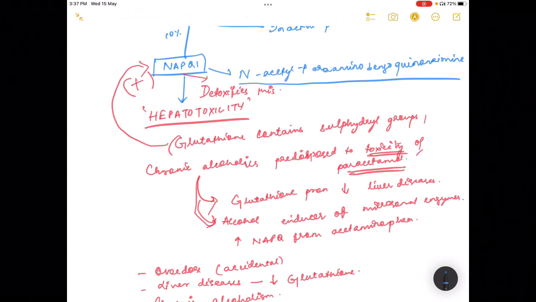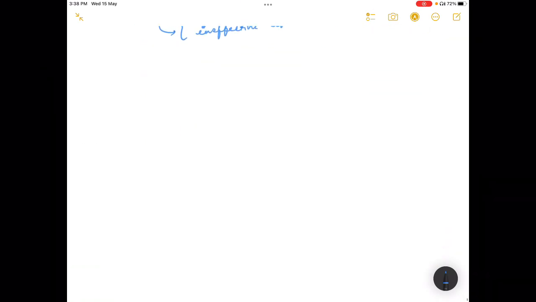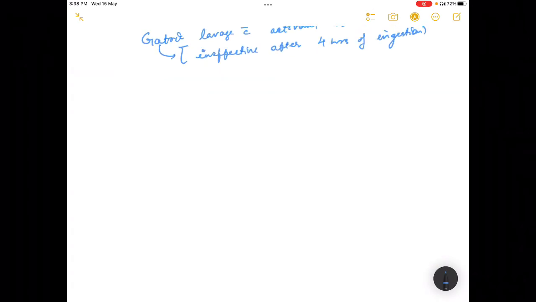Now coming to the other non-selective COX inhibitors. We will be only discussing the important points about the other non-selective COX inhibitors. One of the drugs, ibuprofen, is approved in children.